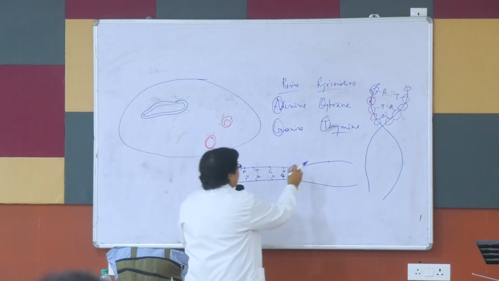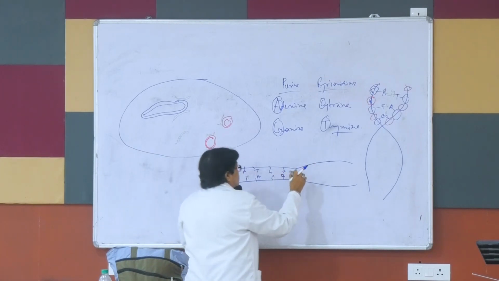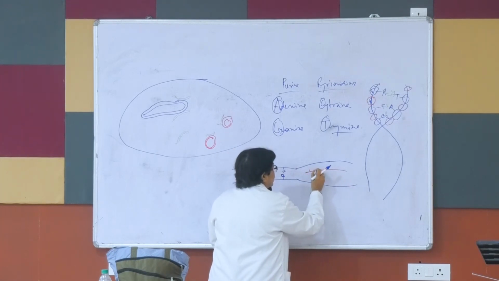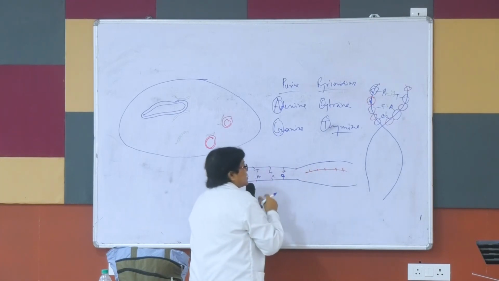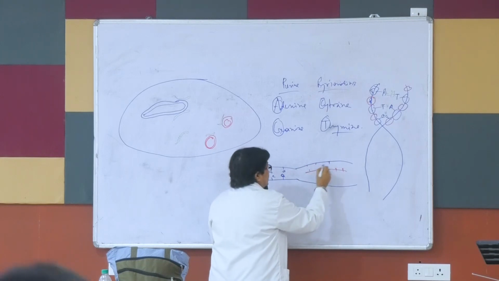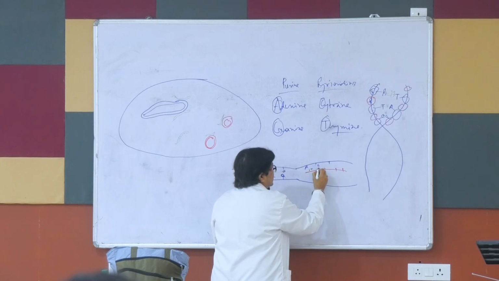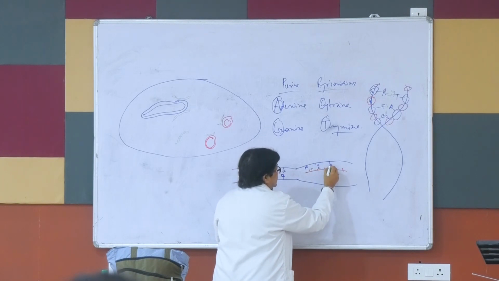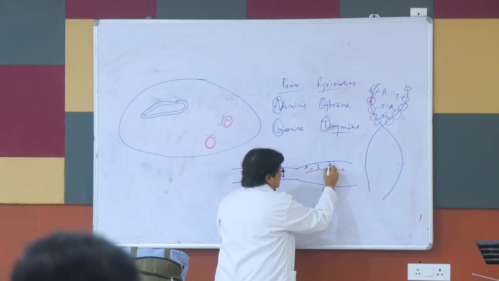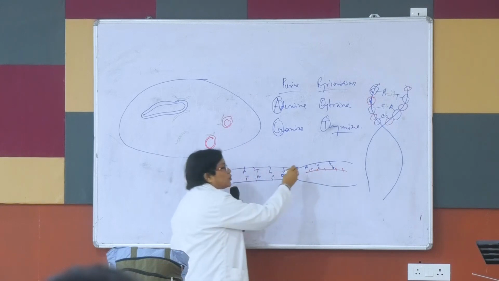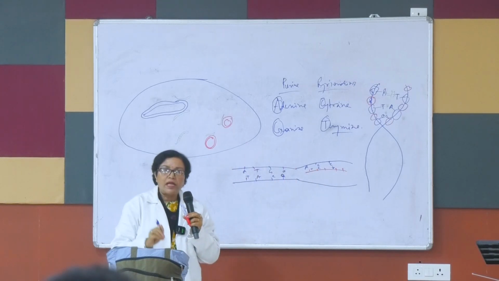Now, if there is separation, what will be done? Formation of messenger RNA. If it is A, there will be T. If it is G, there will be C. So, the complementary strand is produced in RNA.